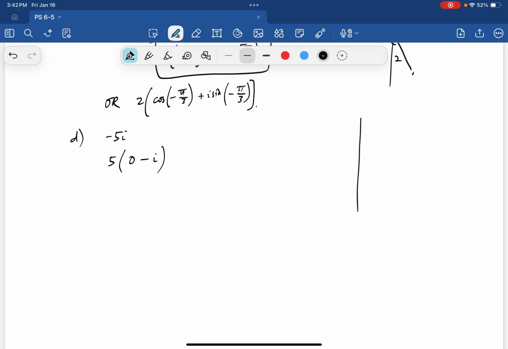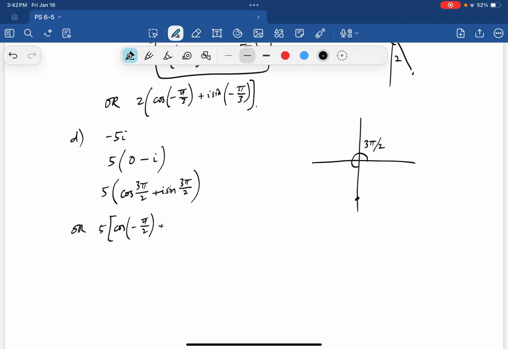And so if we plot that, we can see that we're going to be right here with an angle of 3 pi over 2. So that means that we have 5 times cosine 3 pi over 2 plus i sine 3 pi over 2. Could have also had 5 cosine negative pi over 2 plus i sine negative pi over 2.